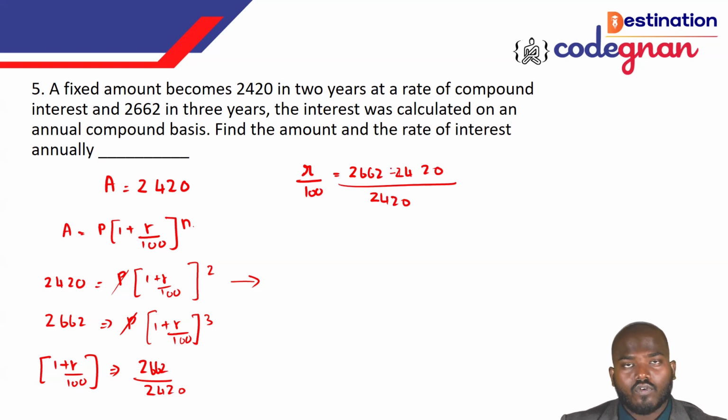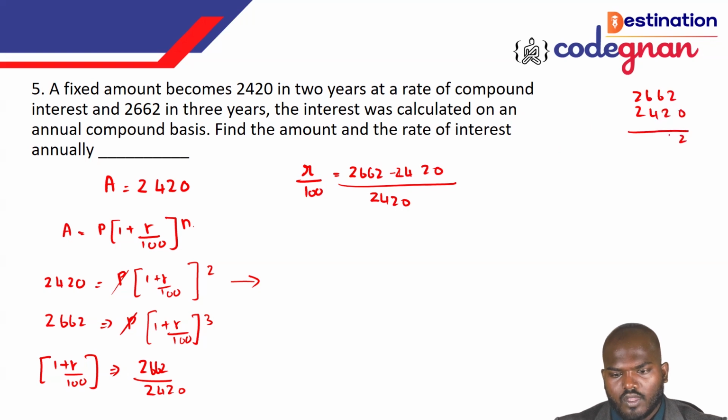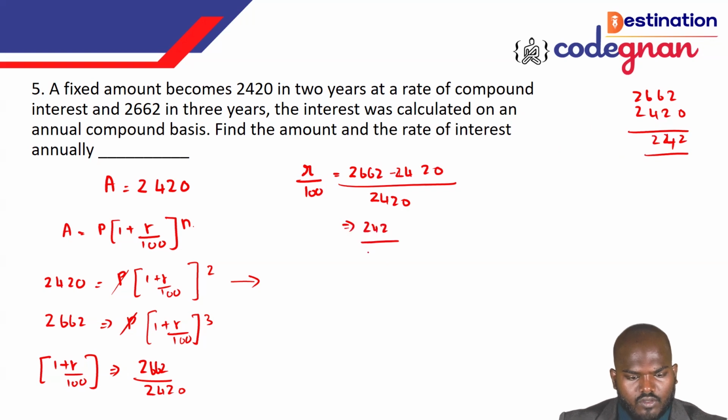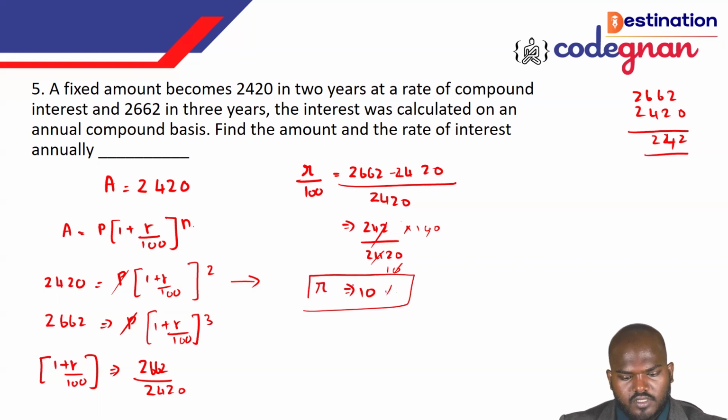What is the value of 2662 by 2420? It is 242 by 2420, which gives the value 10. Here, the 100 taken across gives 10 times 10, which is 100. So that is the rate of interest, 10 percent.